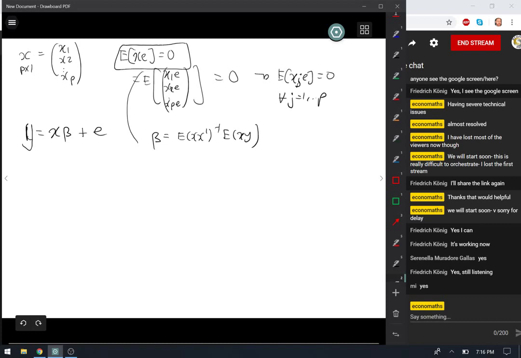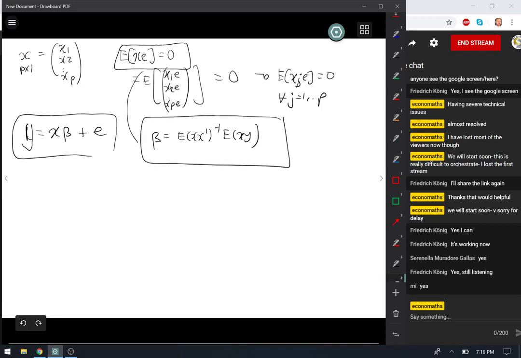So this is the linear projection. All it's saying is that if you evaluate this at this linear projection vector, by construction this will hold, and it will by definition. They're the same, it's a reverse way of saying the same thing.